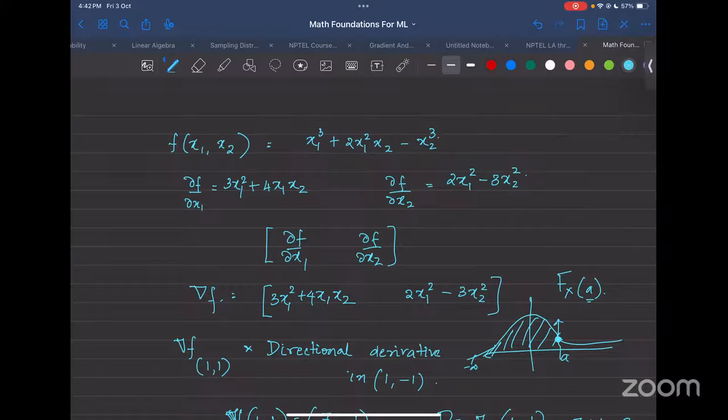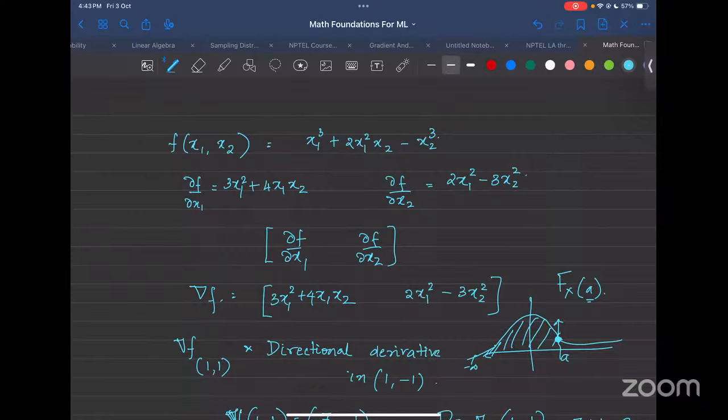At that point where dy by dx is equal to 0, you substitute that x value in the second derivative and check whether it is positive or negative, and then you decide. If the second derivative is positive, you have hit a minima. If the second derivative is negative, you've hit a maxima.